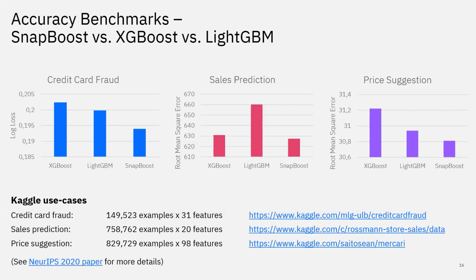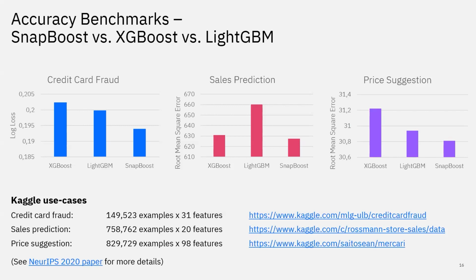As you may be aware, in Kaggle, often the winning solution is using XGBoost or LightGBM in some capacity. So actually, Kaggle is really where these frameworks made a name for themselves.